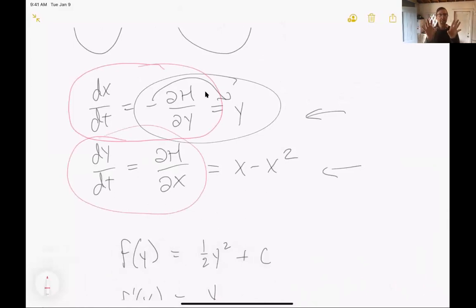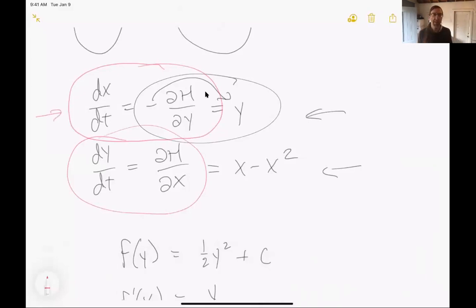Now, if someone comes along and tells you this system is Hamiltonian, what they're saying is there's this h function, and that h function, you have two clues about it. That the dx dt function you're given is going to be the negative partial of this h function with respect to y. That's what this is saying.